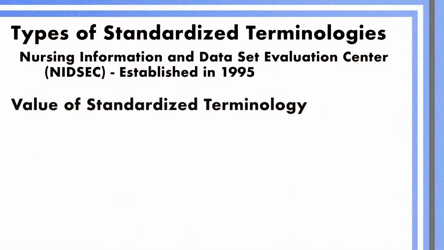It is important to understand the value of that standard terminology. When you're trying to access literature, it's the standard terminology that drives your search and allows you to easily access data concerning a specific area of interest.